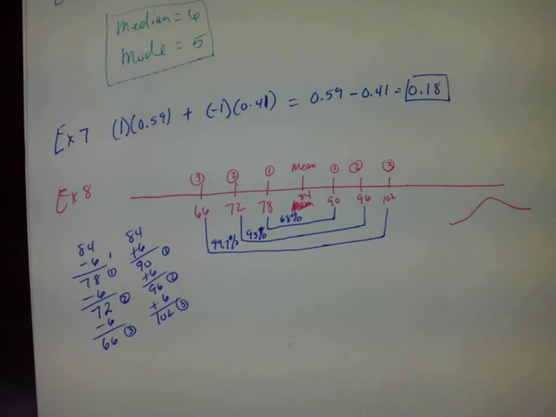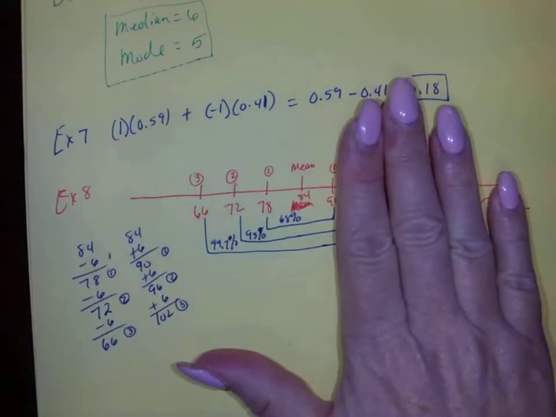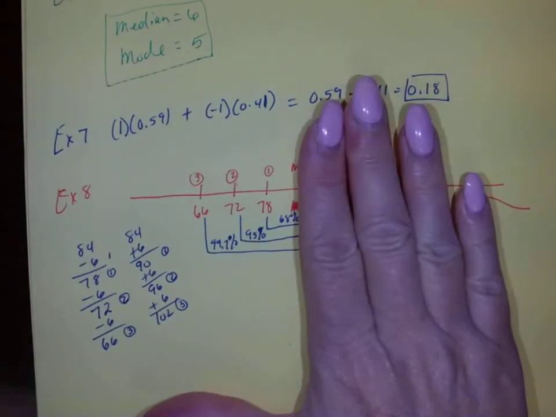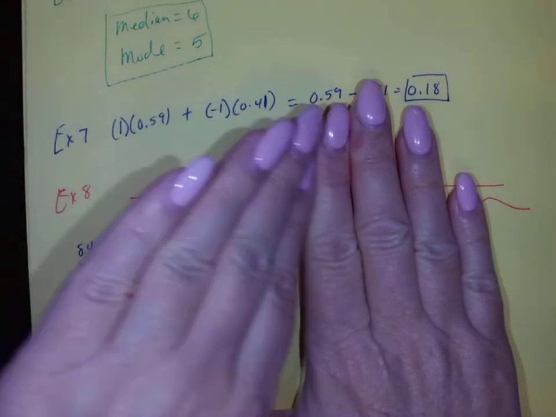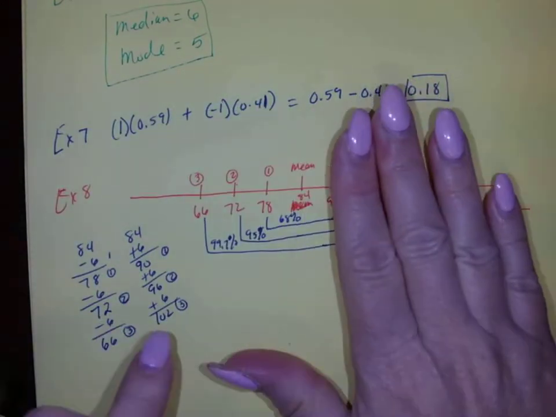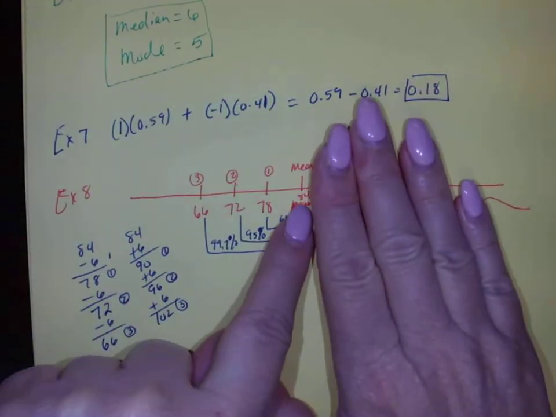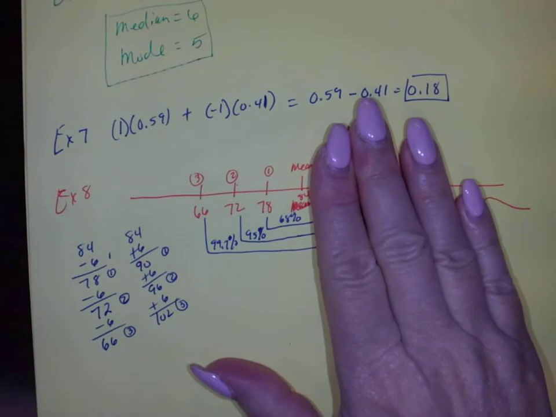All right, our first question asks us to find the percentage of scores that are less than 90. Remember that 50% of the data lies below the mean, so 50% of our scores are 84 and below.